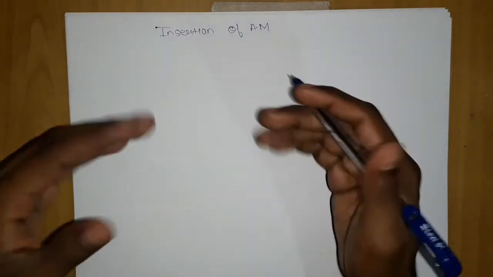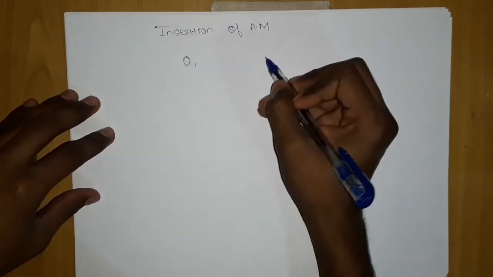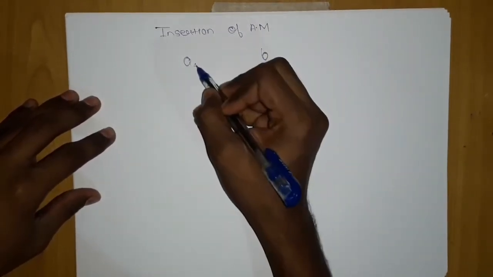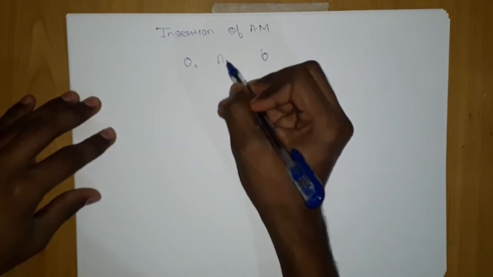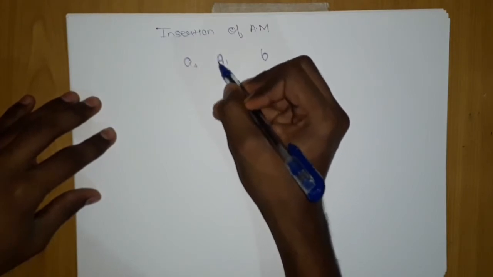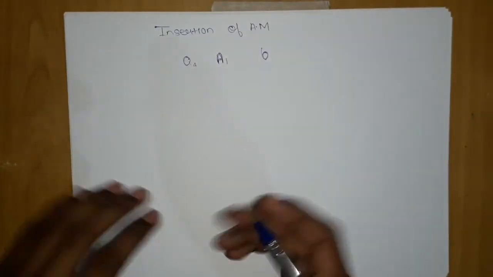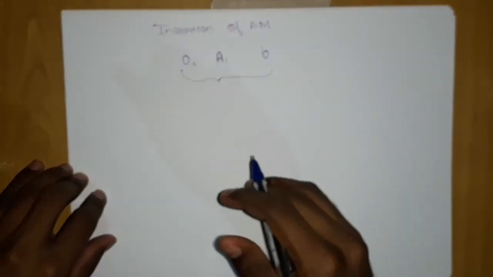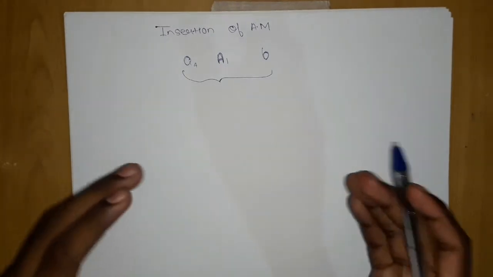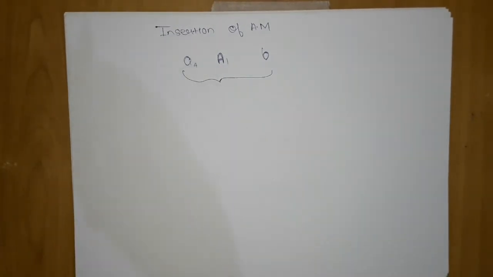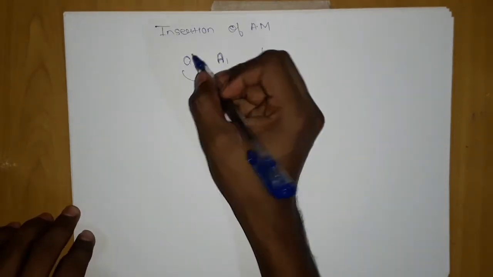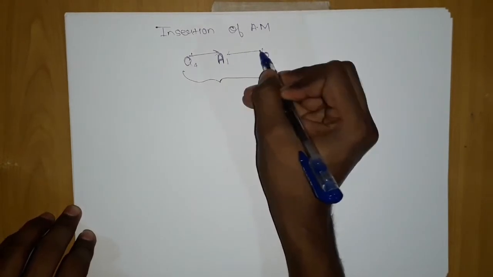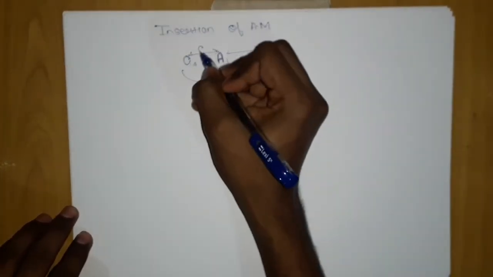If you want to insert AMs in a sequence, then that sequence should be in AP. Like this, if I have a and b, and here I have some A1, and I want to insert this AM in this sequence, then the whole sequence will be in AP. When AMs are inserted in a sequence, it becomes an AP. Now the common difference d from both should be the same.